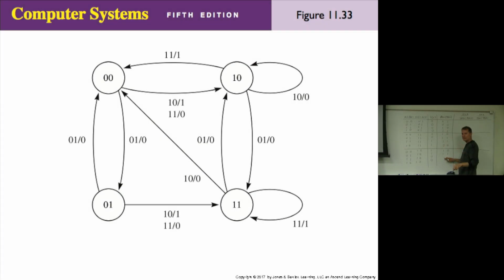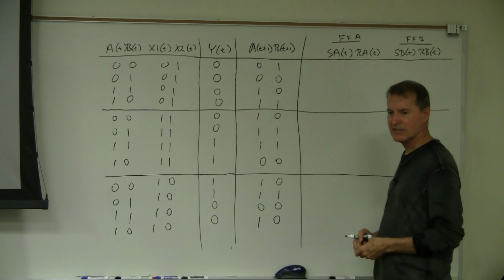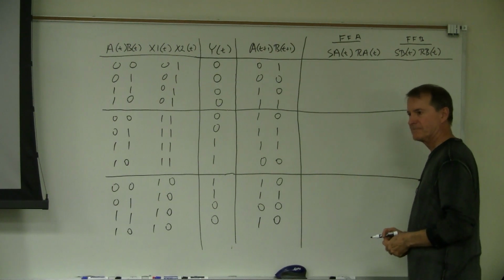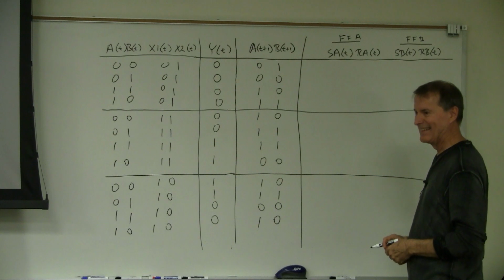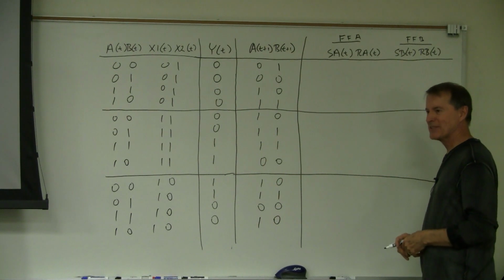Next. 1, 1? 0, 0. Oh, you're saying it's 0, 0. Yes. Okay, and next? 1, 0. Now, do we have consensus? Do you guys remember the excitation table for SR?